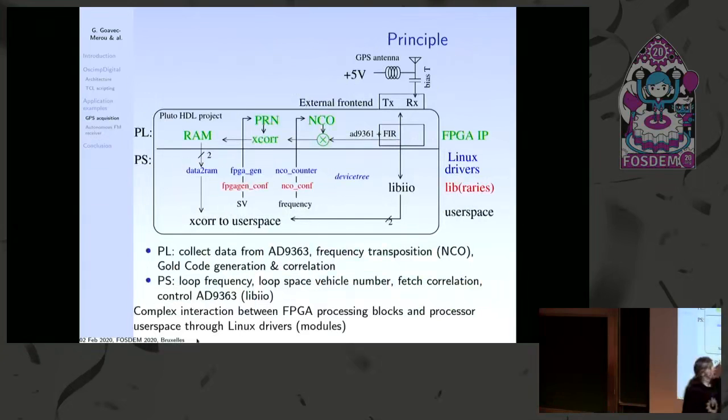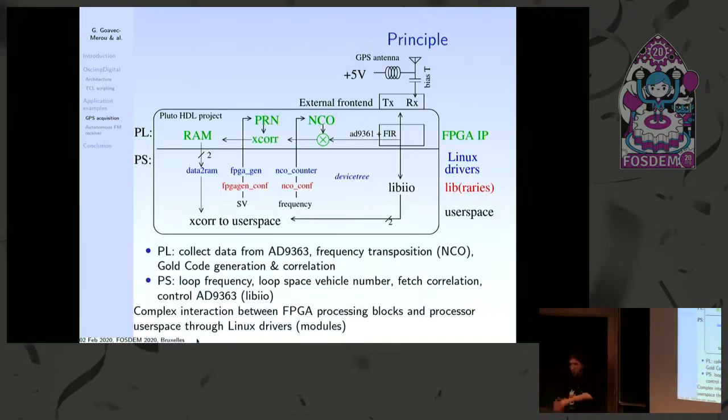You have your RF front end. The local oscillator of the RF front end takes some time to be reconfigured. So we have added an NCO, a local oscillator, and a mixer to do a second step of frequency transposition. You have our CA code generator.